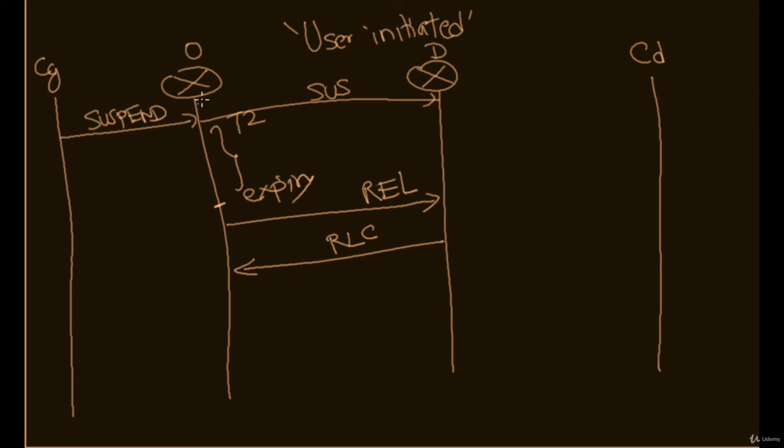So basically the suspend controller could be the originating exchange as well as the destination exchange, and the timer which is started is T2, which is a different value than the normal T6. Next we'll see the resume process.